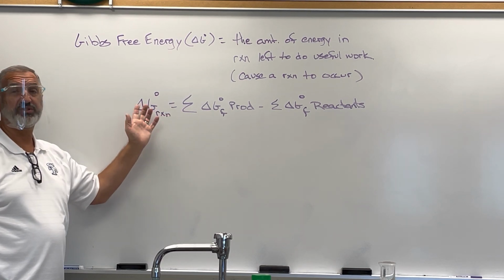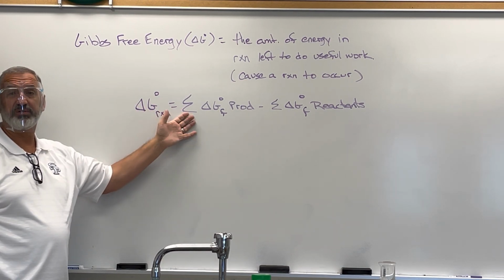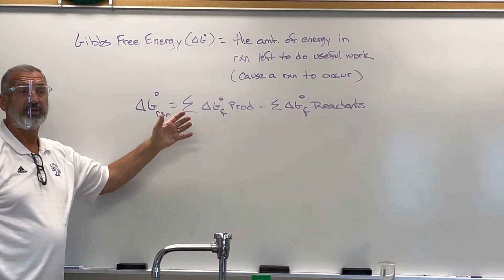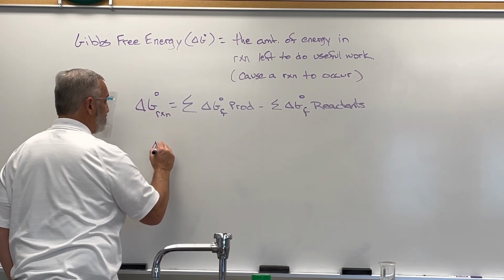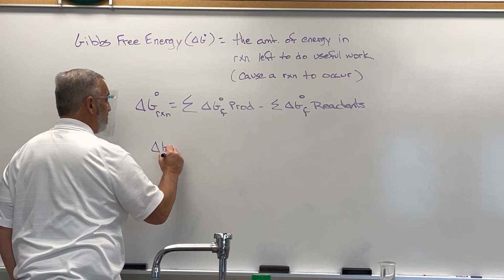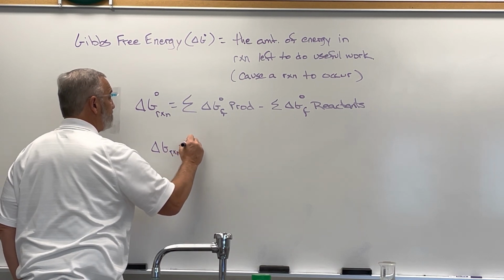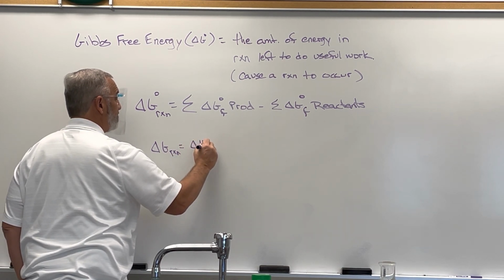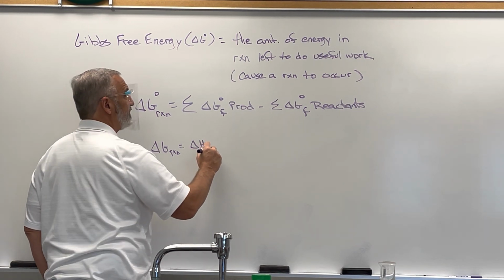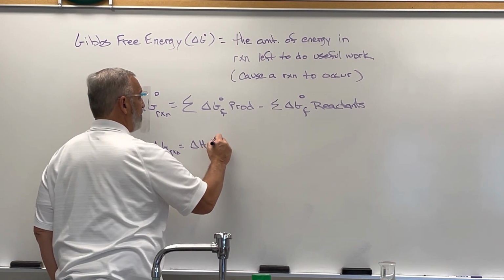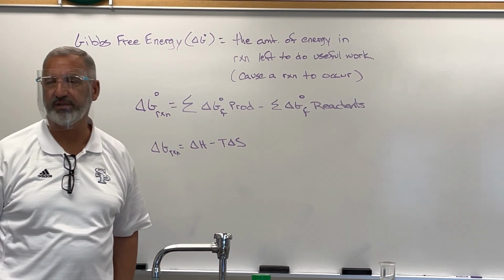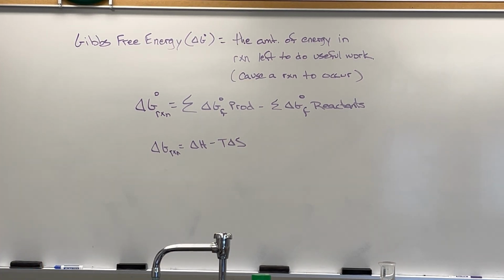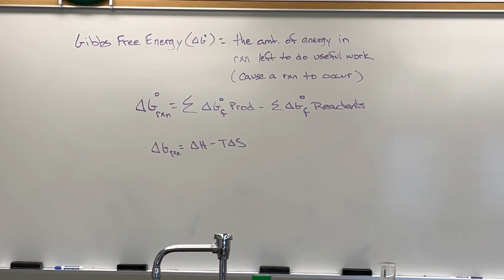Do it just like delta H, multiplying coefficients times the value. It's real straightforward. But the more useful version of this equation is delta G equals delta H minus T delta S.